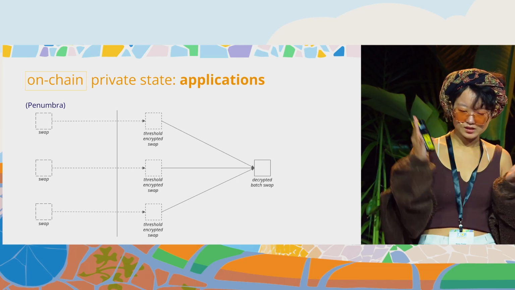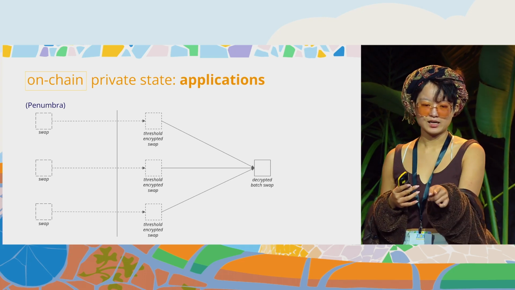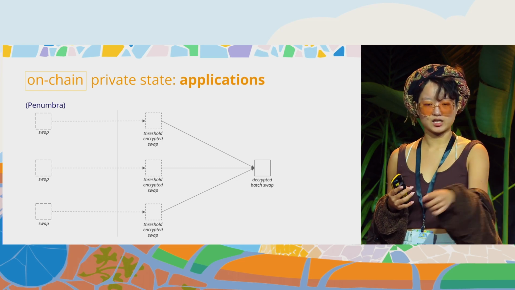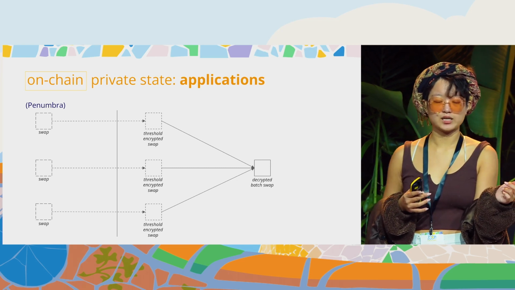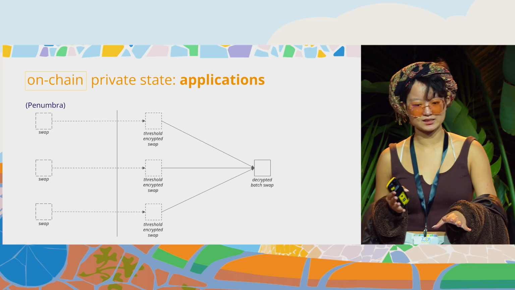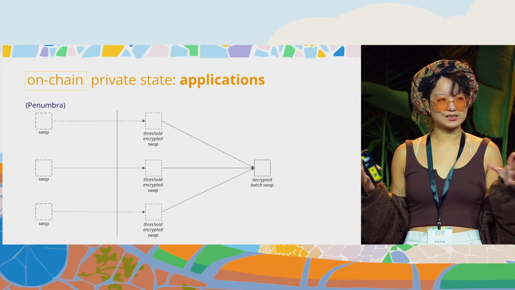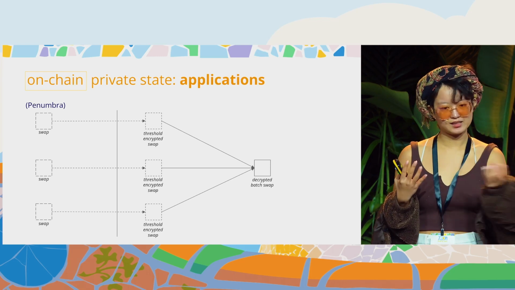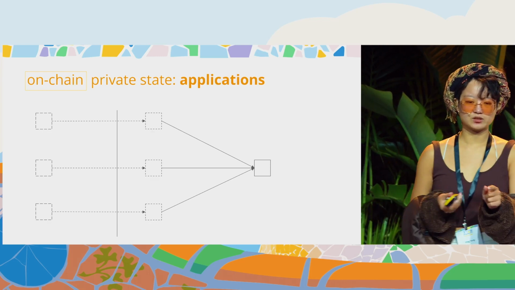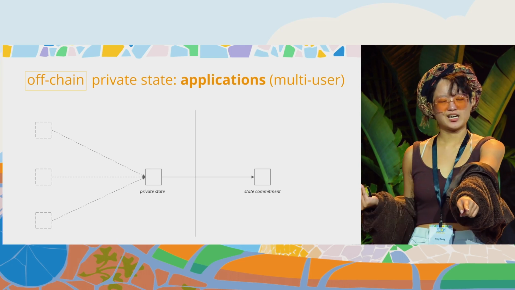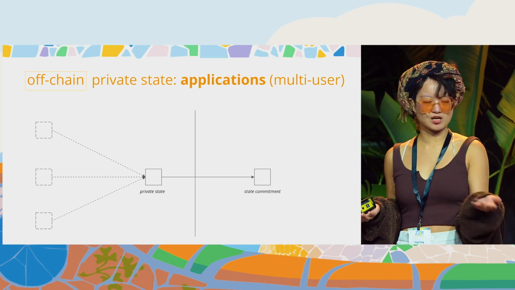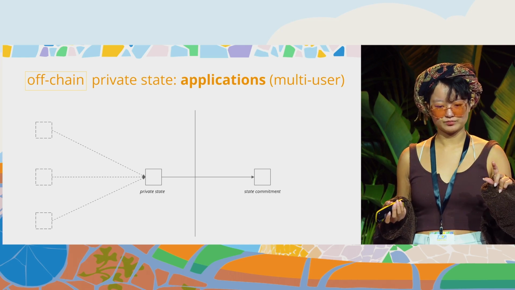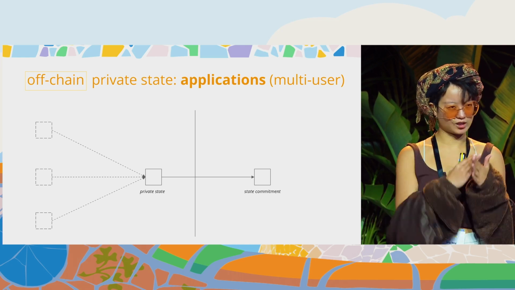What's different about Penumbra is that this computation on private state is done on-chain. It's done blindly on a ciphertext. By saying it's done on-chain, I mean that every consensus node in the network can do it, as opposed to previously, when we were back-running things or solving intents, where all that was done off-chain by individual entities working together.